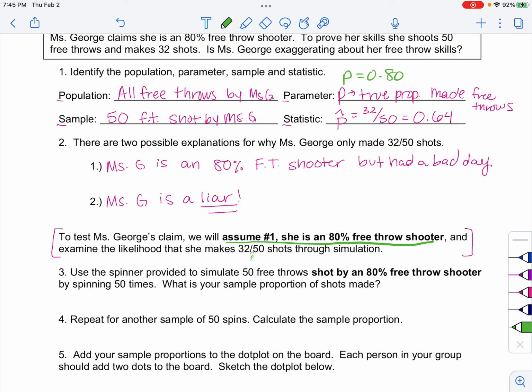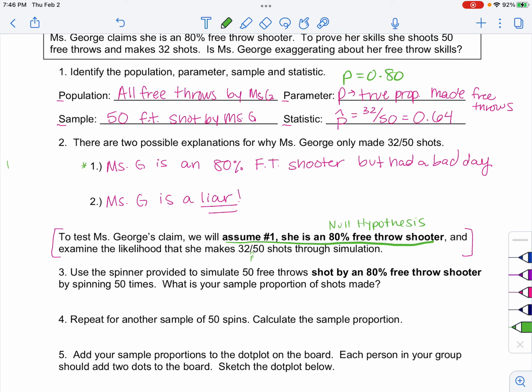So what we're setting up here, this claim is now what we call a null hypothesis. So we have a null hypothesis, which is that I am an 80% free throw shooter, which is really possibility number 1 back here in number 2.